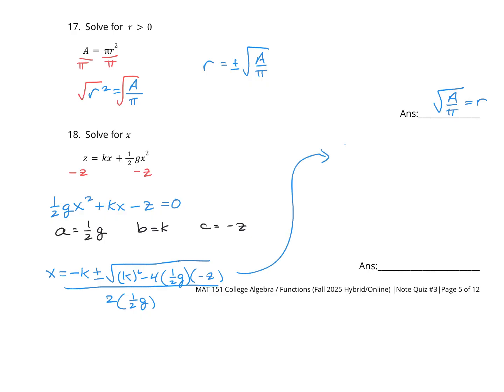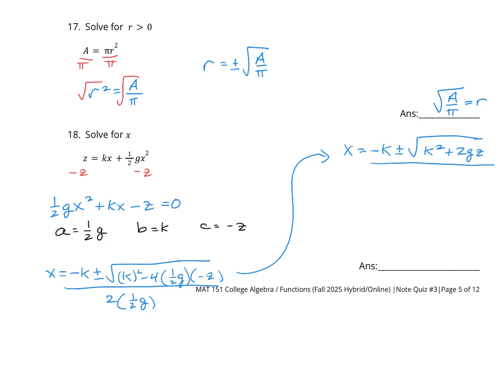Simplifying this down, I get a negative k leading off my answer. I still have my plus or minus, and inside I've got a k squared. And I can simplify down. That negative times negative is going to make a plus. 4 times 1/2 is a 2, and g times z is pretty much g times z.